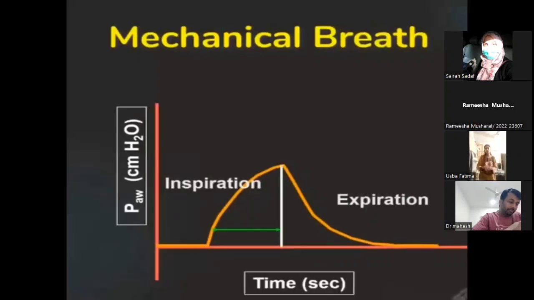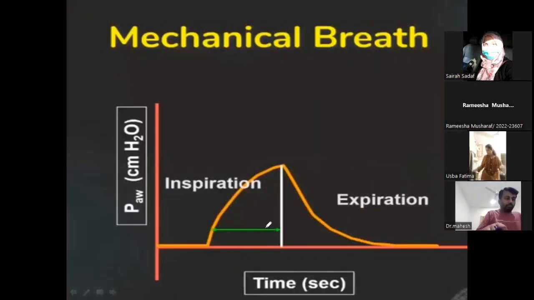Now this. Okay, what is this? This half part is inspiration and this half part is expiration.